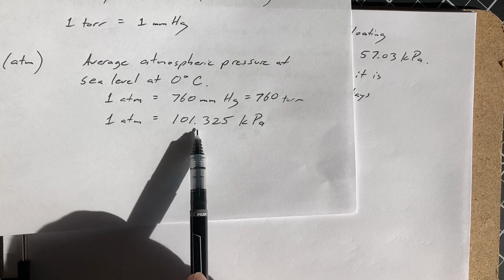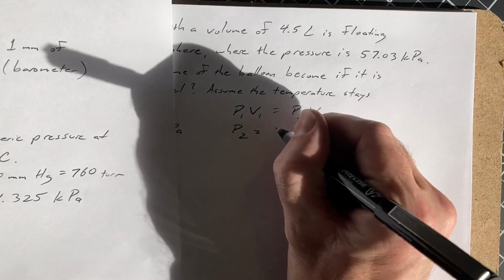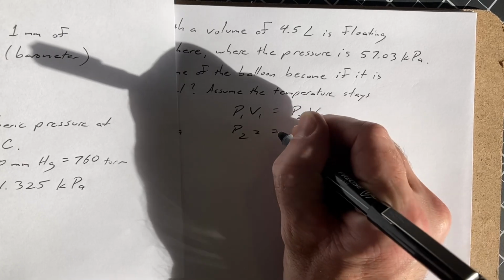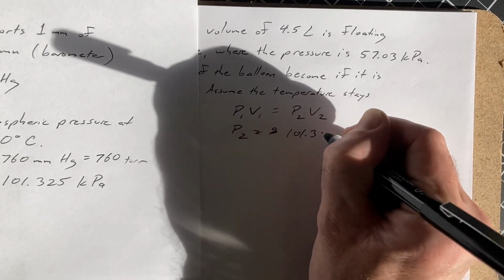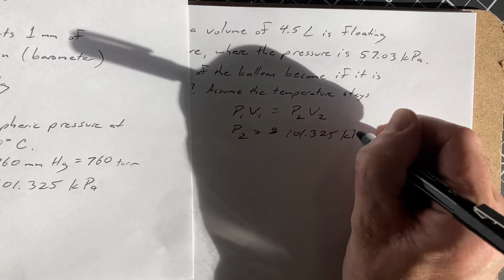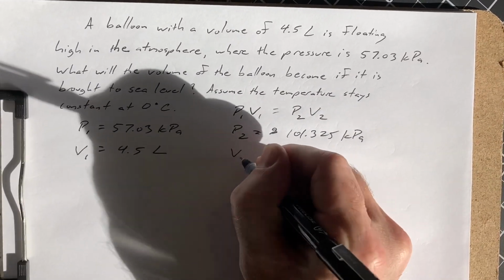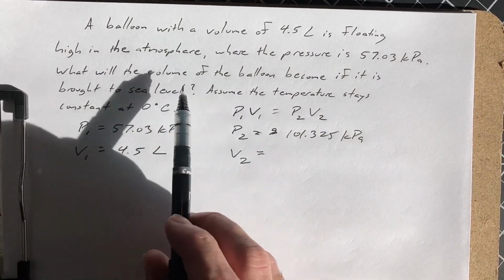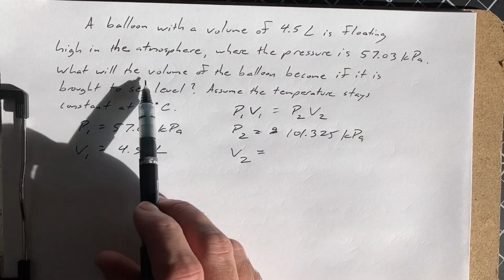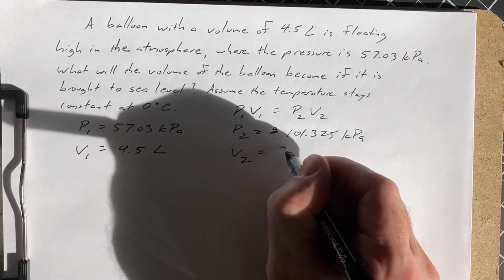Our P1 is given in kilopascals, so we want our P2 to be in that same unit, kilopascals. So let's take this, 101.325. P2 equals 101.325 kPa. Our final volume, our V2, we don't know. That's what it's asking. What will the volume of it become if we bring it down to sea level?